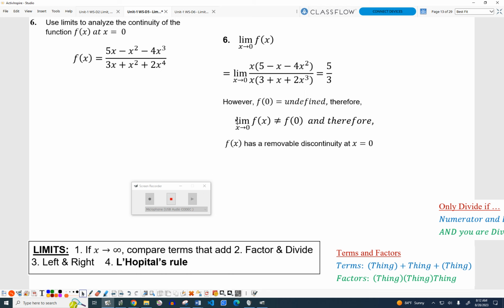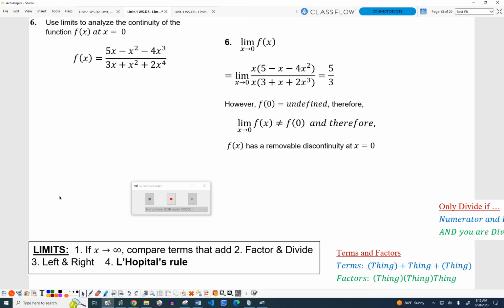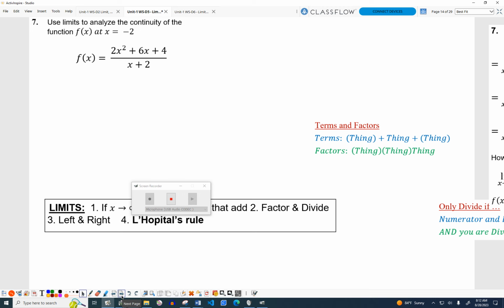Ellie is correct. In this case, we're back to a removable discontinuity. On the pink, that's really common, but not always. And on a test, you won't know whether it's more of a buff packet problem or a pink packet problem or yellow. Cool. Next one. Making good progress. We'll leave that for homework.